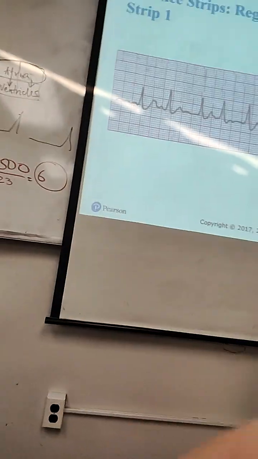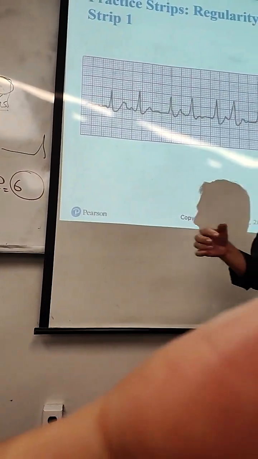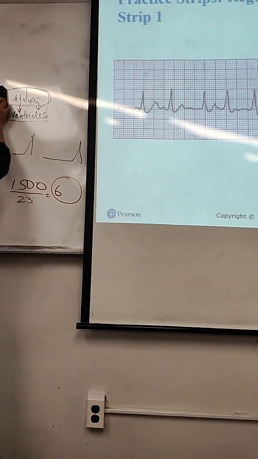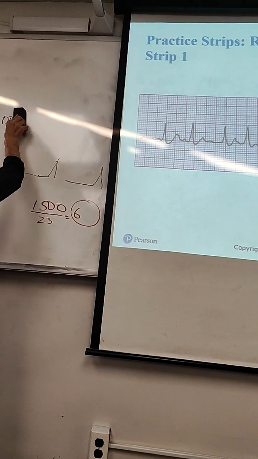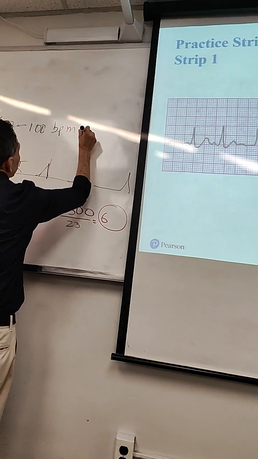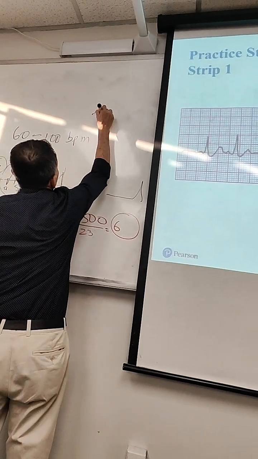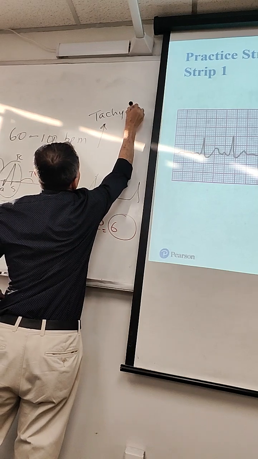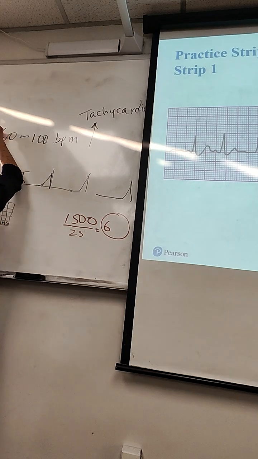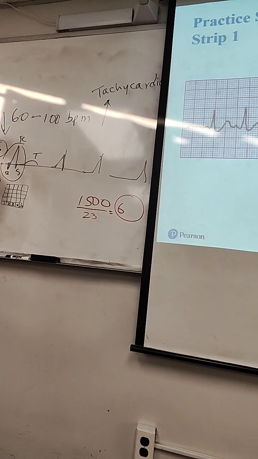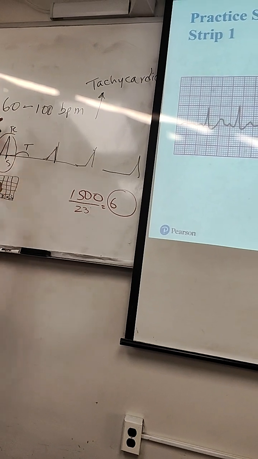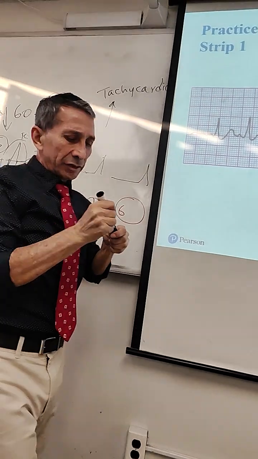Lower than 60 is brady, right? Tachycardia, bradycardia. Below 60 bradycardia, above 100 tachycardia.